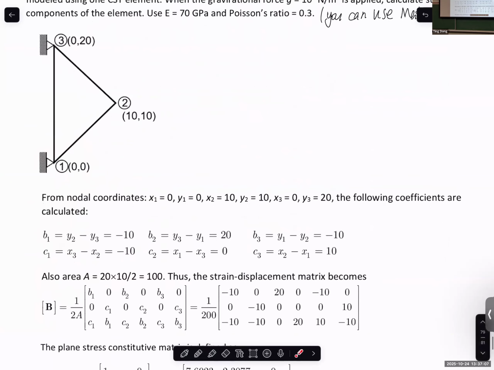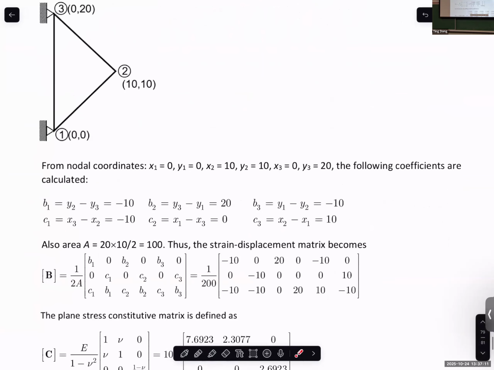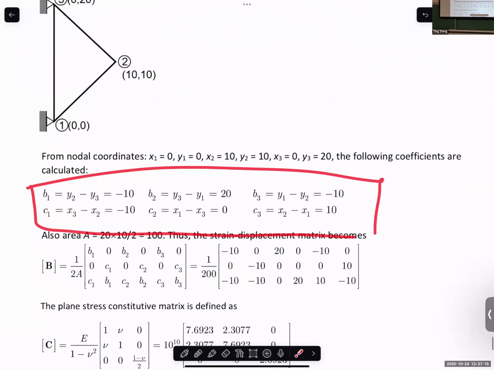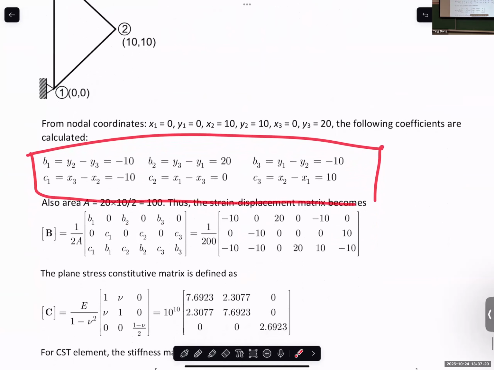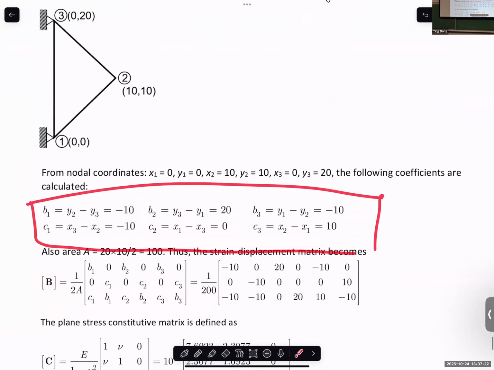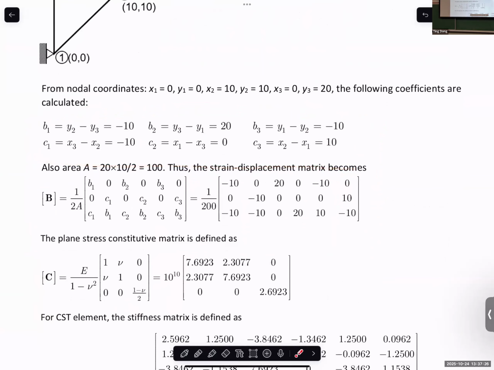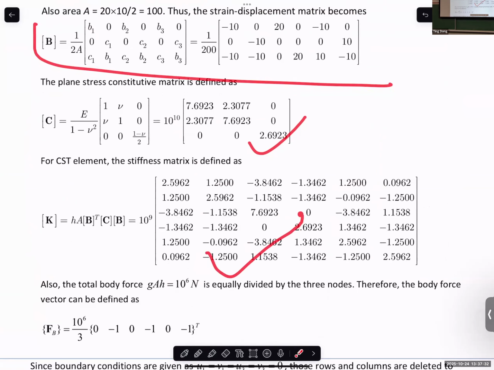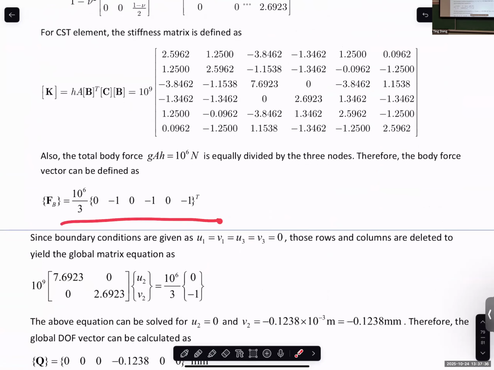The last homework problem. We have 3 minutes. B and C. And the B matrix, C matrix, B transpose times C times B, F vector.